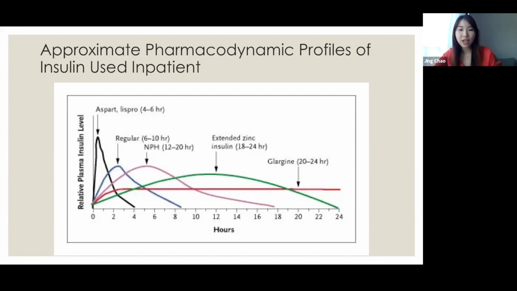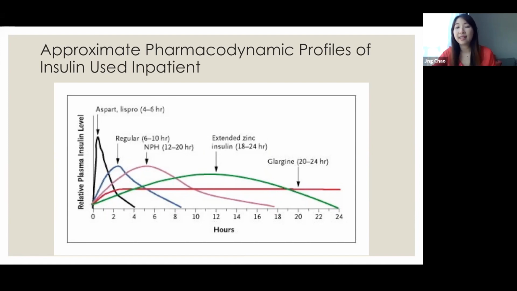You have NPH being one option for your basal insulin. This insulin textbook says 12 hours of duration of action, but there's a slight tail end to this insulin that drags out to maybe 14, 16, 18 hours with much diminished action during those hours. And then you have extended zinc, that's the detemir, lasting 18 to 24 hours.